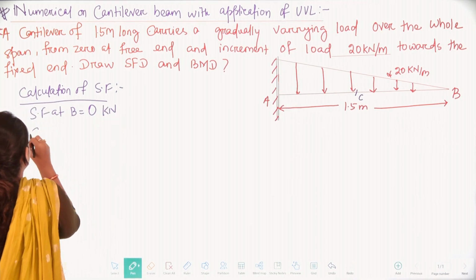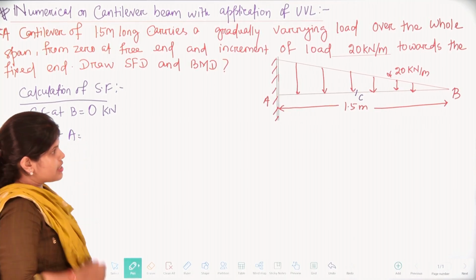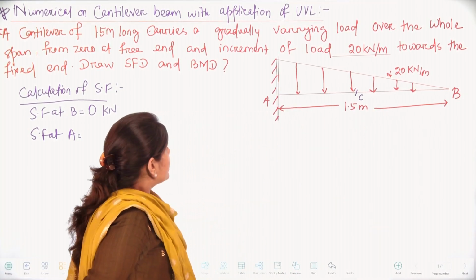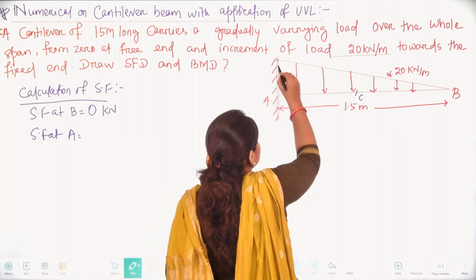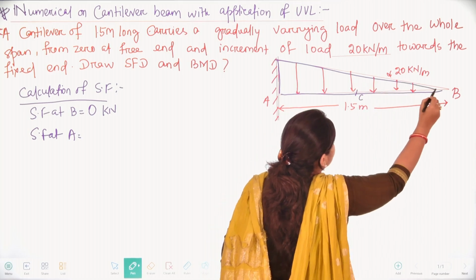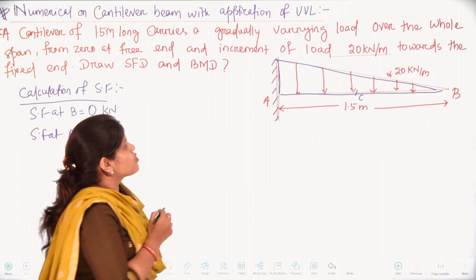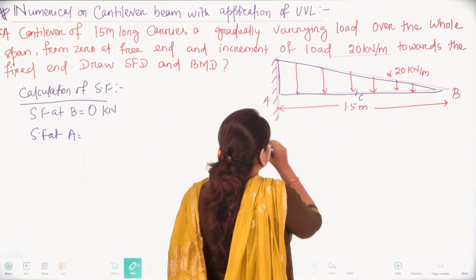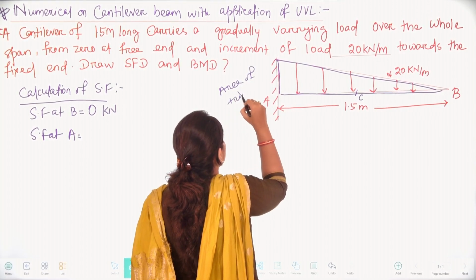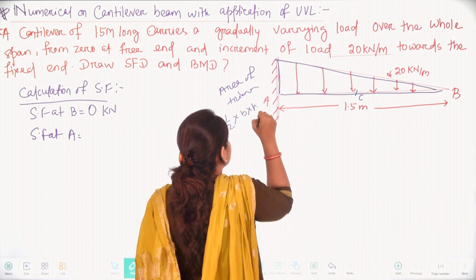Again, shear force at A: you can see this uniformly varying load is like a triangular structure. So here the force will be the area of the triangle. As we know, the formula for the area of a triangle is half into B into H.